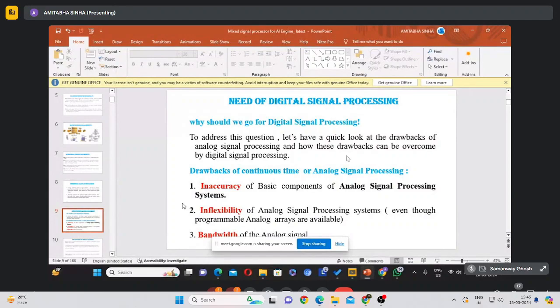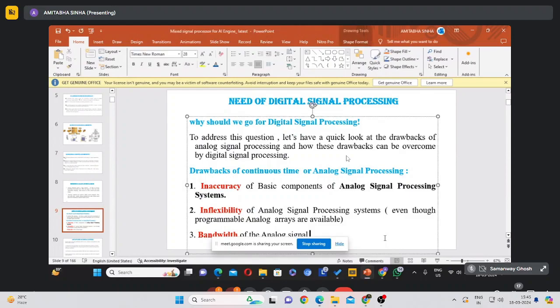But in recent times, a semiconductor company has come up with flexible analog circuits, which means they can be changed by changing the program. And high-level programming languages are also available for analog circuits.